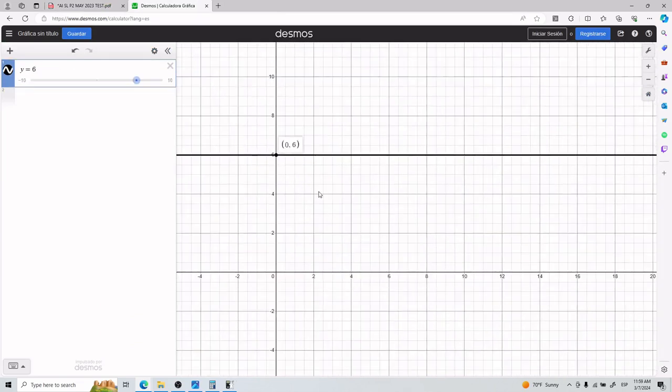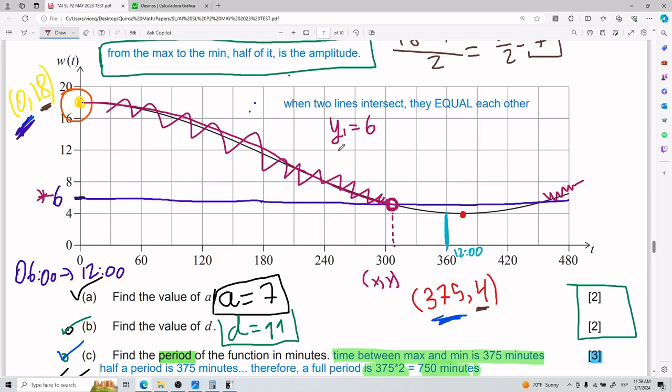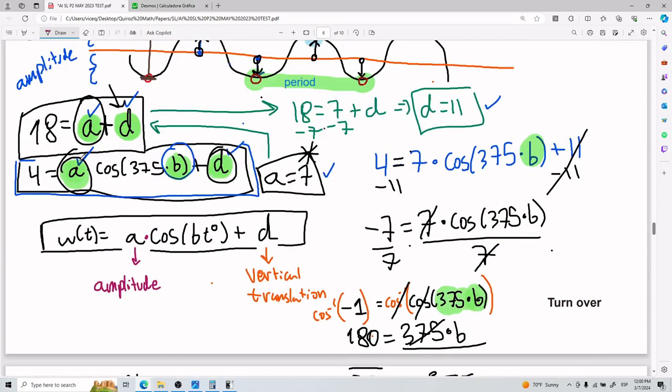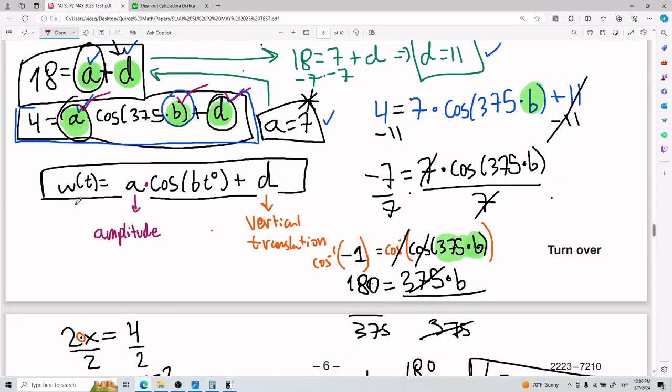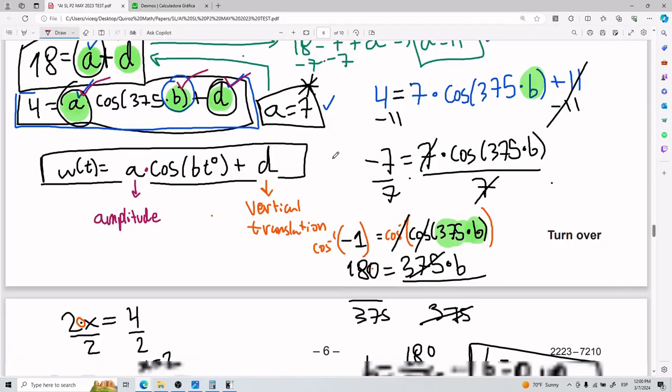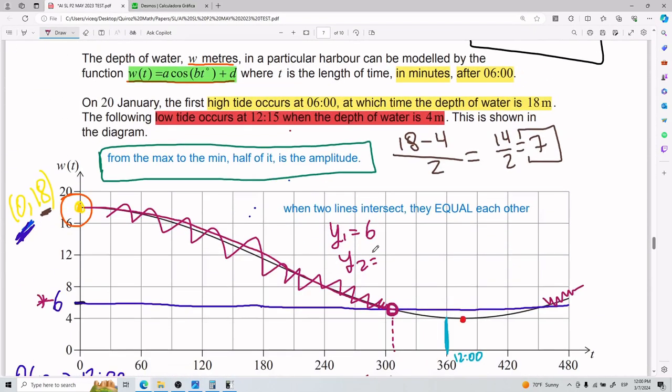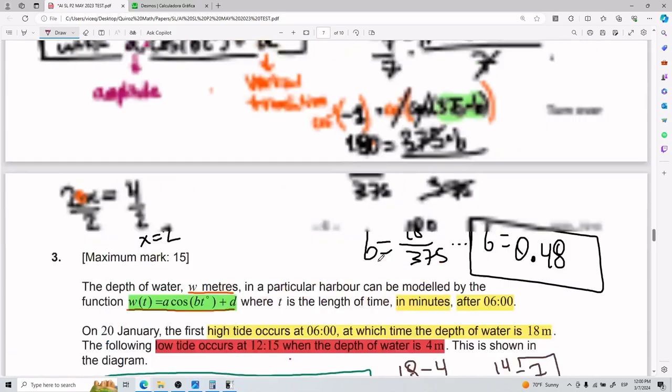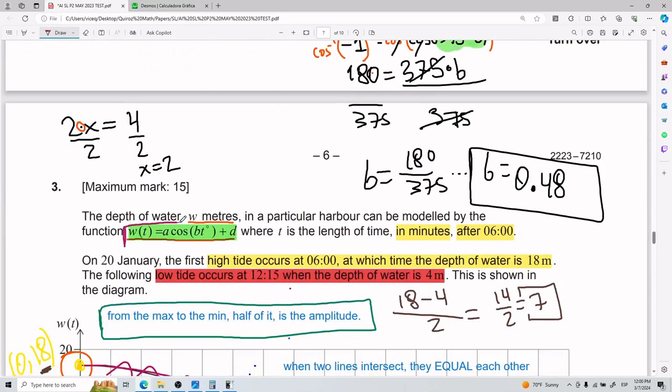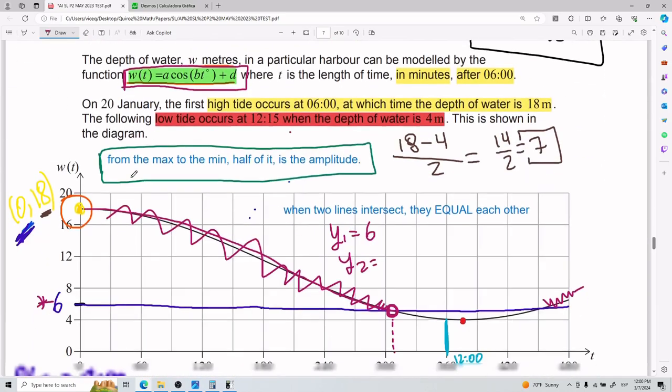And the other line, well, I have all the information now, because I finally know what A is, what B is, what D is going to be. I just gotta plug in from all the different parts.